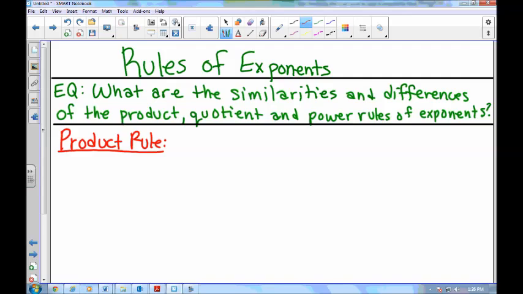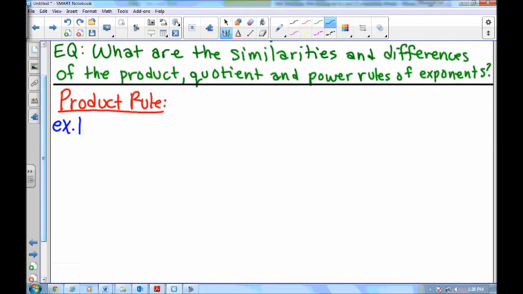Okay, so we're going to be multiplying terms with exponents. Example 1. Tatiana, what's your favorite letter? There's 26 of them to pick. Okay, just pick a letter for us. C, as in cowboy.